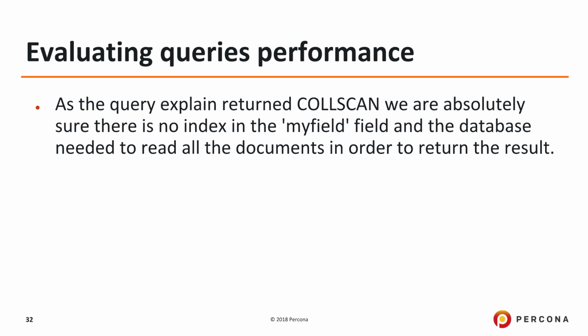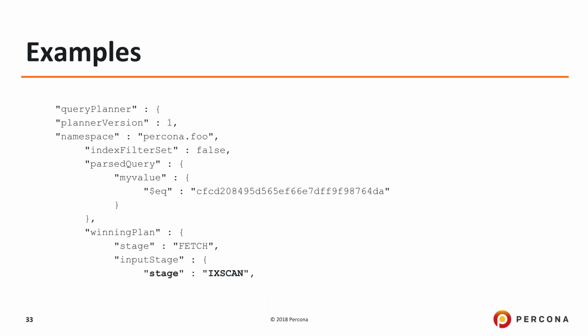So it's a surefire way of telling that there was no index to answer the query. And I actually said IDX, it's IXSCAN in this example that's in bold, telling us instead that there was an index on the namespace percona.foo, which would be the collection foo in the database percona.